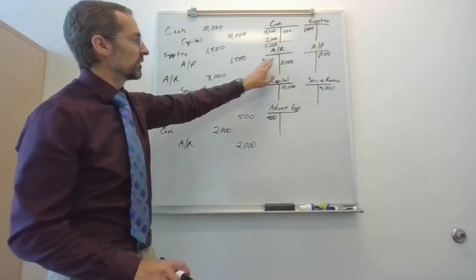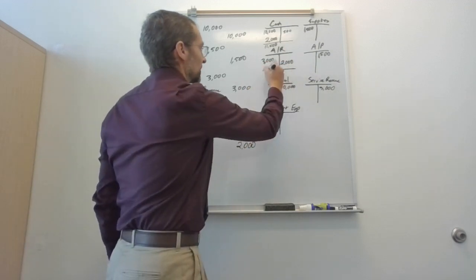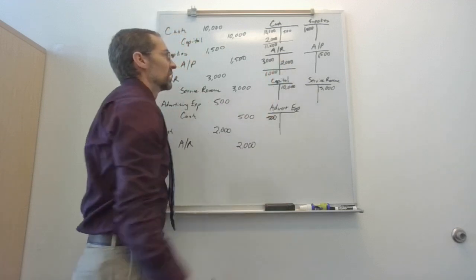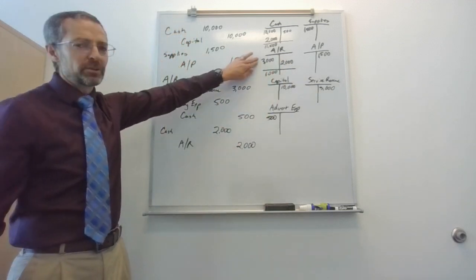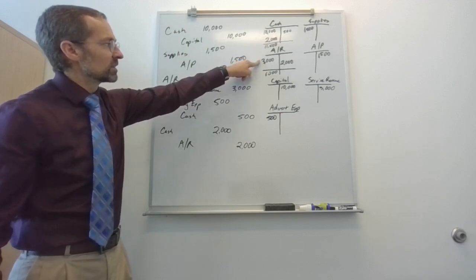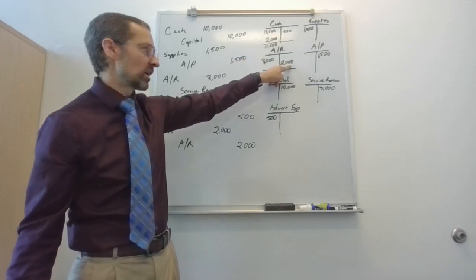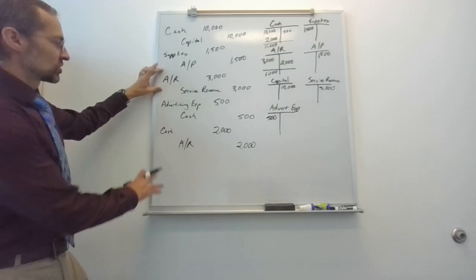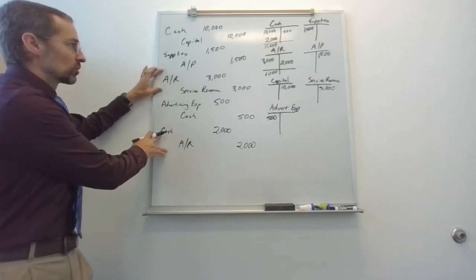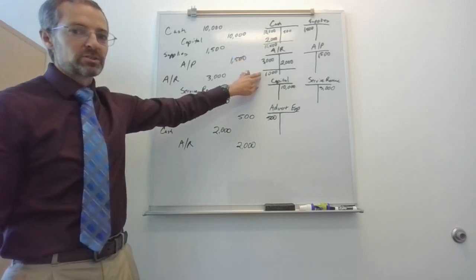Accounts receivable, I have a 3,000 debit and a 2,000 credit, which leaves me with a $1,000 debit balance. If you know how to read this, it means that some customers owed us $3,000 and then they paid us back $2,000, and those two transactions are over here. So that's where those came from. So they owe us $1,000 more.